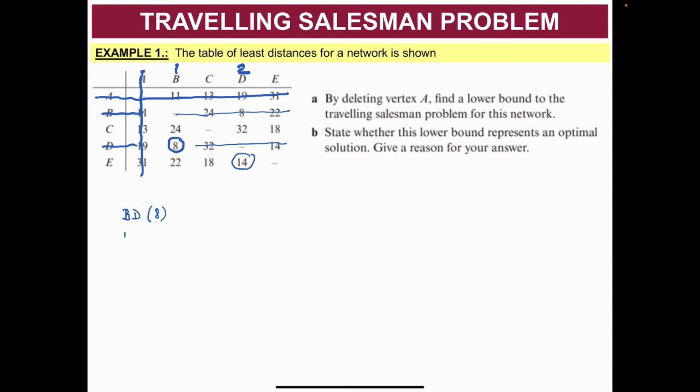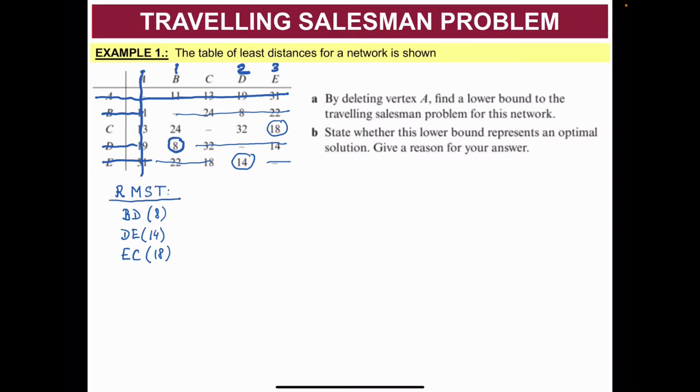So that means DE is the next arc. And E will become the third column, and I'm deleting this. And then the last one is 18, which gives me EC. So this is the residual minimum spanning tree.